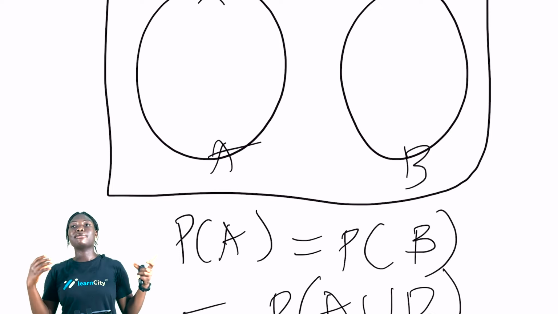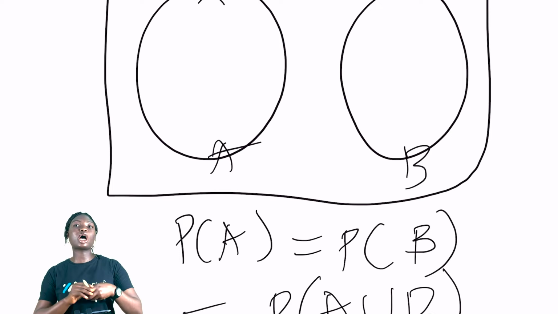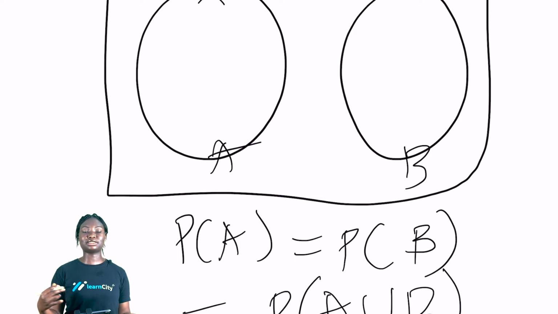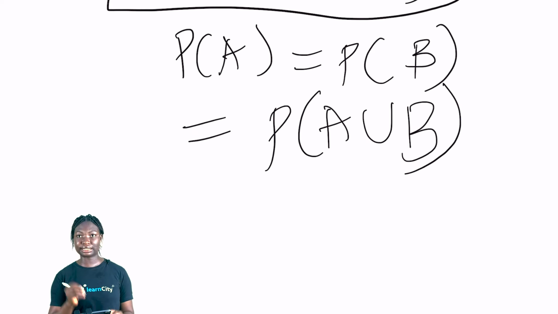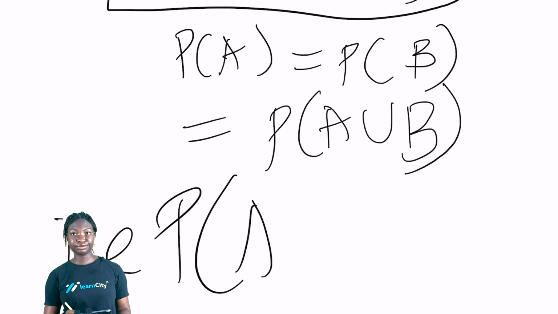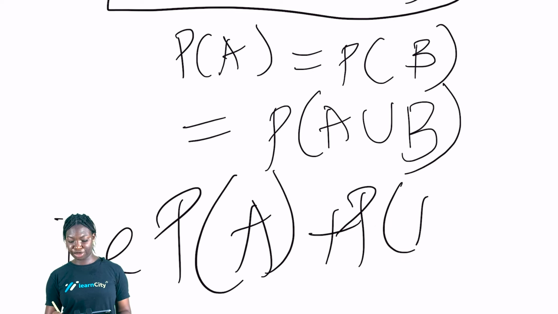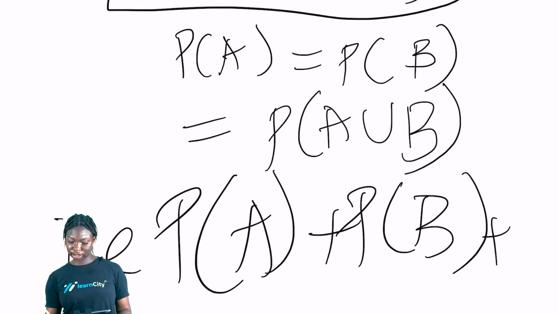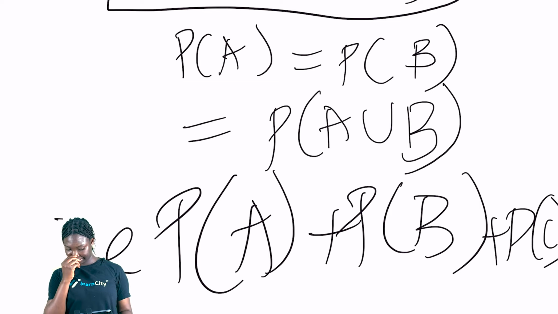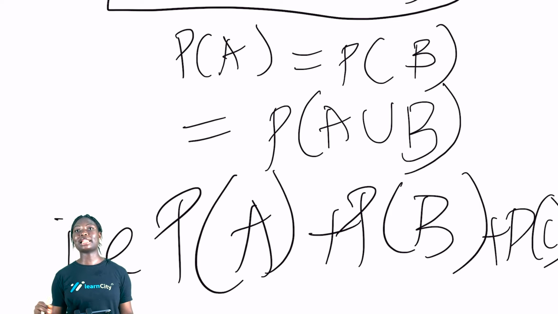That is P of A plus P of B plus P of C. This shows that they are mutually exclusive under the addition law.